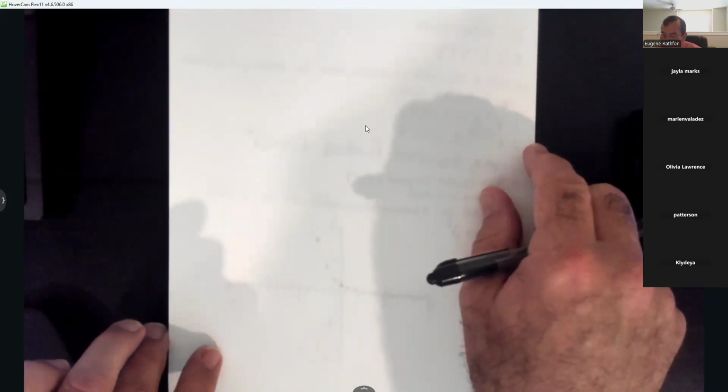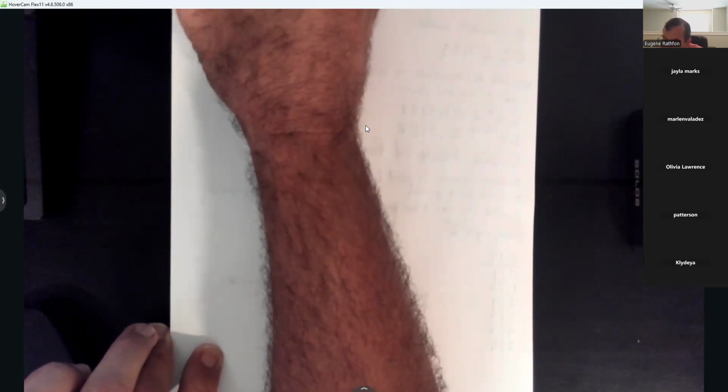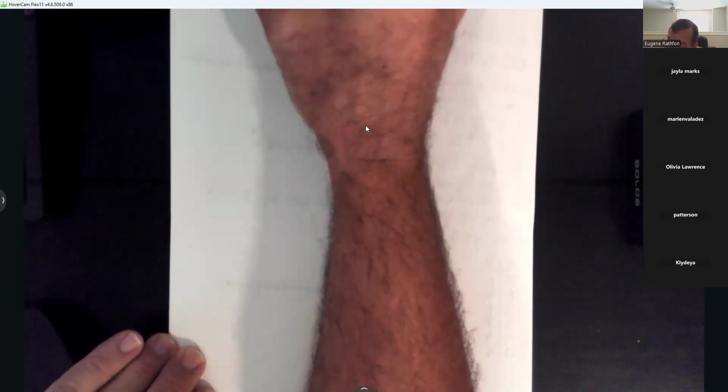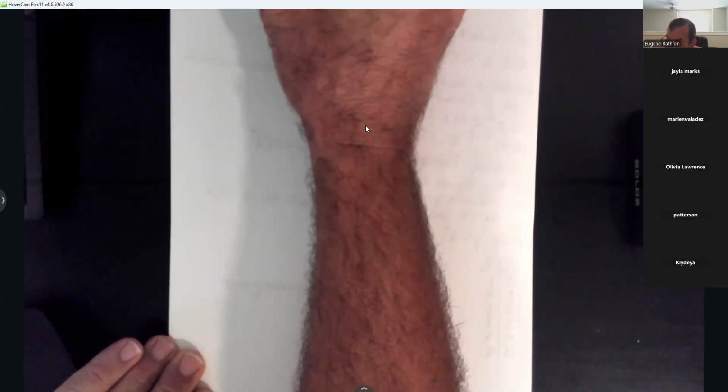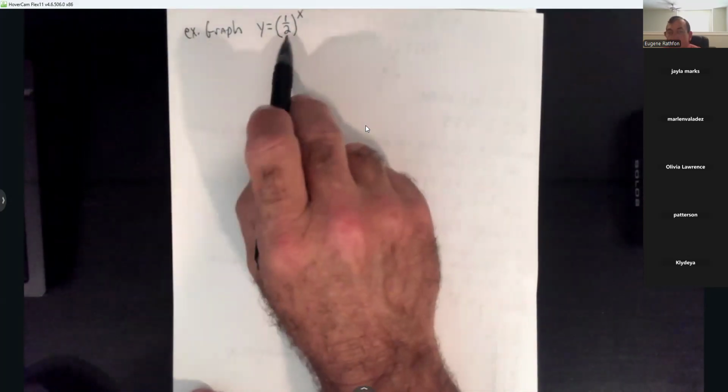So let's look at one. Let's graph one that looks like y equals 1/2 to the x. This is a fraction, so watch the shape of the fractions when we graph them.